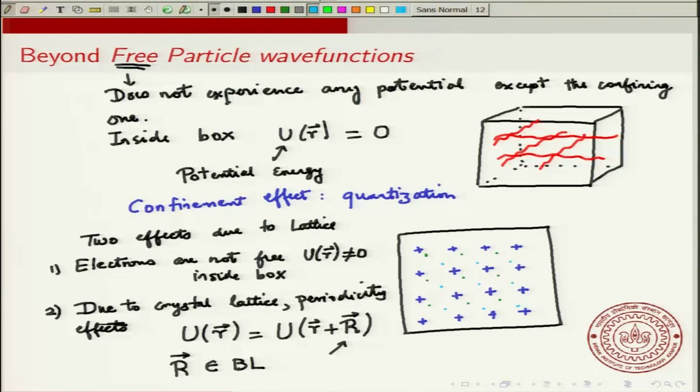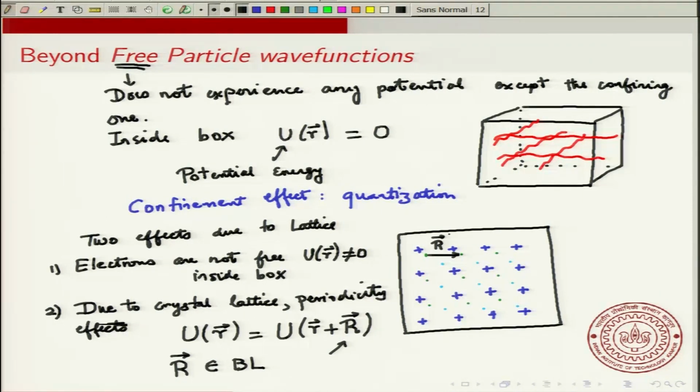So, your potential is a periodic function with the period of the Bravais lattice, and in general this is a 3-dimensional lattice, so it should be true in all 3 dimensions. If you take a point and look at this point and this point, they are related by a lattice translation vector.